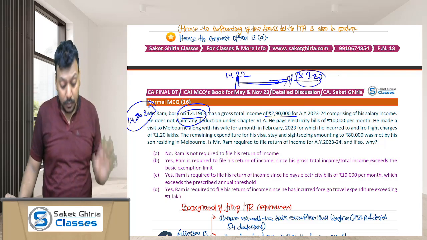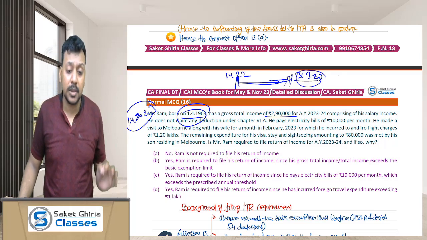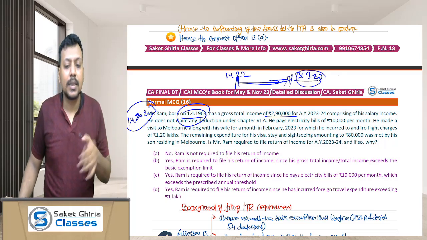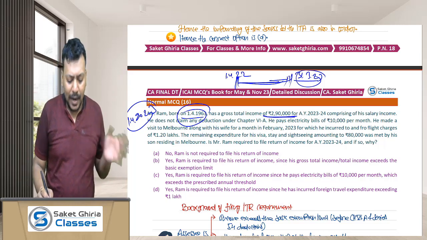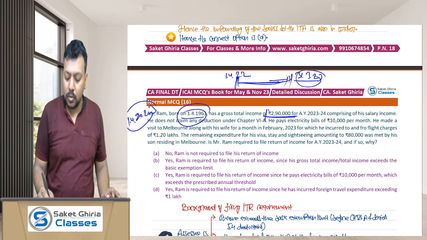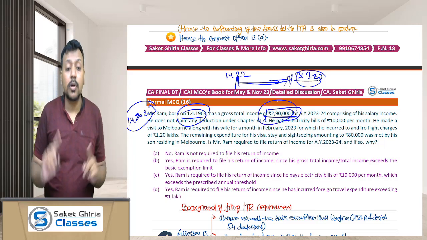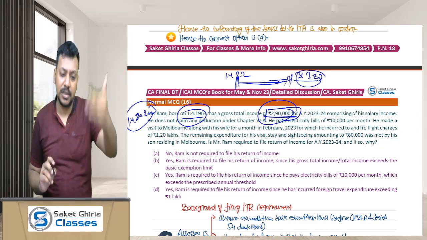So, as Mr. Ram is a person of 60 years or more during previous year 22-23, the basic exemption limit applicable in this case is rupees 3 lakh, and as the gross income of Mr. Ram is only rupees 2,90,000, Mr. Ram is not required to file ITR because his income is not exceeding the basic exemption limit.